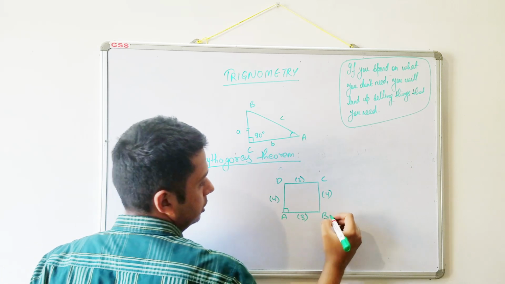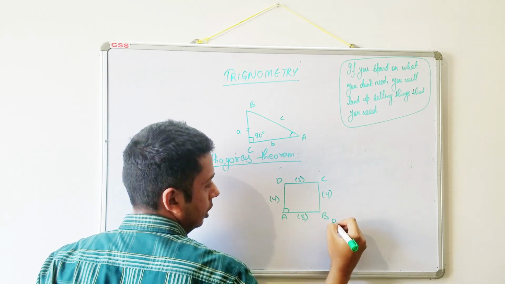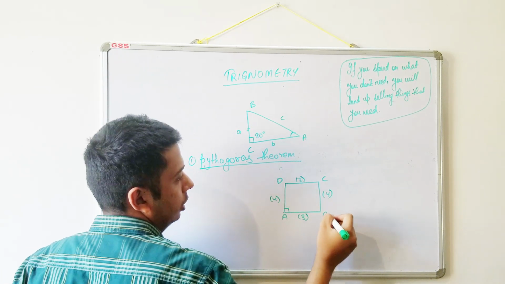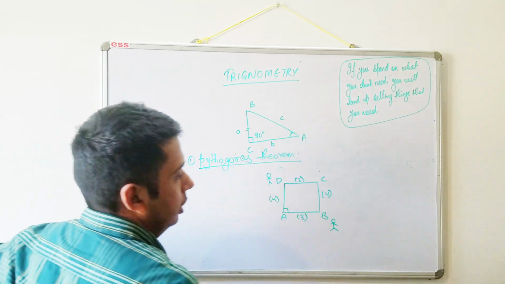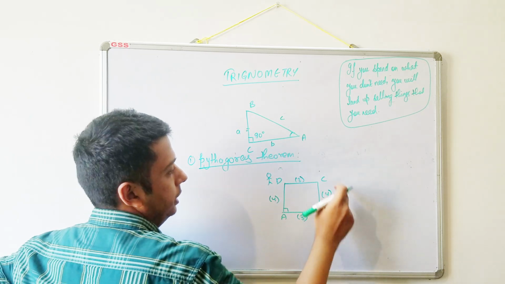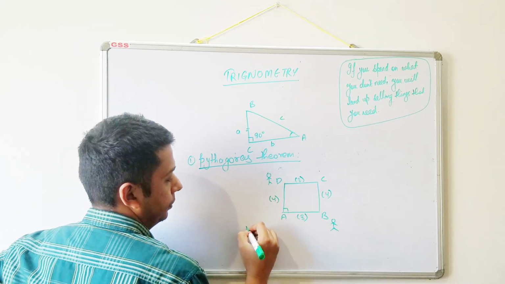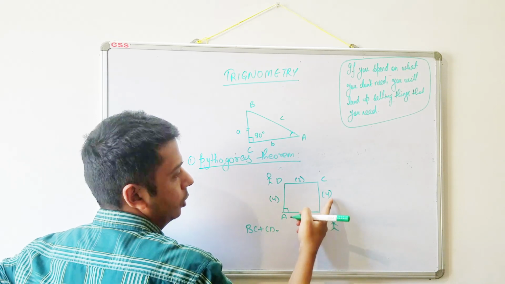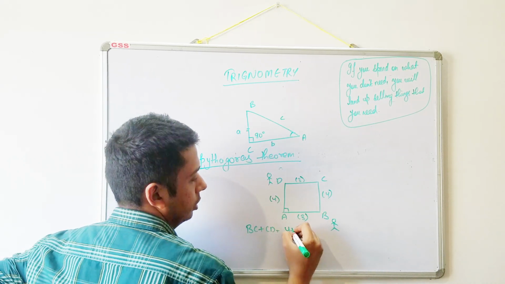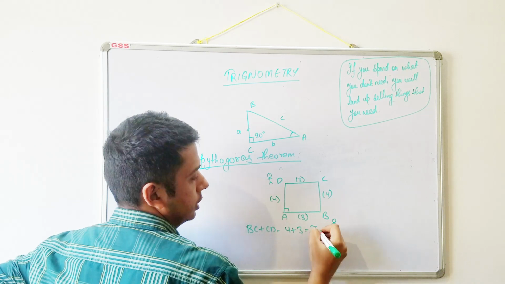Now you wanted to walk from here all the way to D. Now if you take the path BC plus CD, you will have to walk 4 plus 3, which is 7.